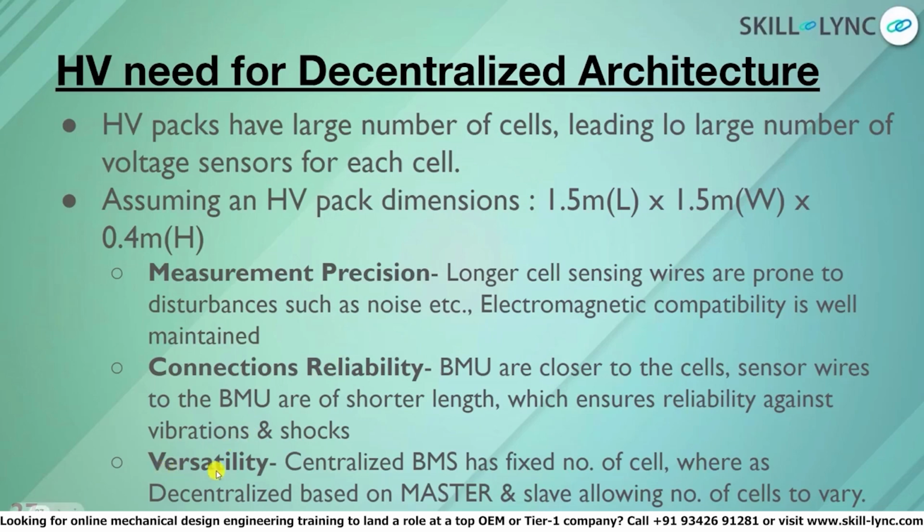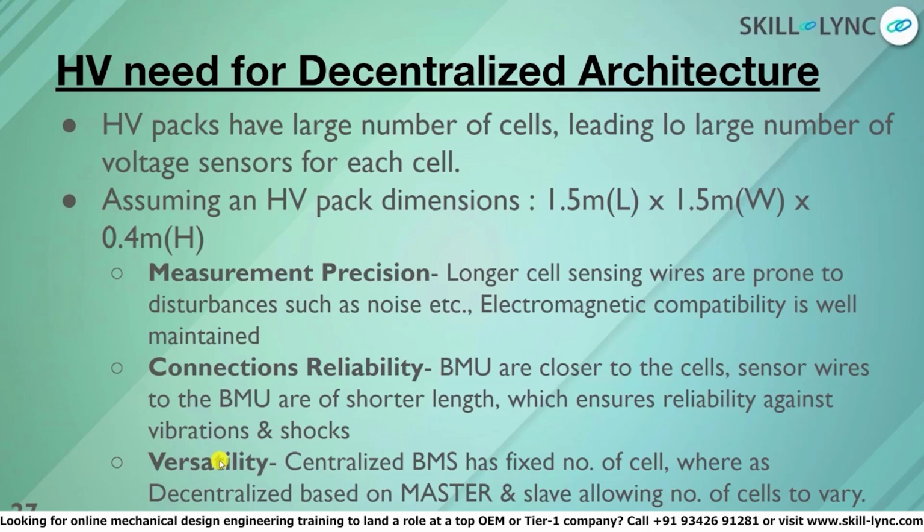When we talk about versatility, a centralized BMS can handle only a fixed number of cells, like 20, 30, or not more than that. When it comes to decentralized, you can choose a master BMS which can handle 5 to 10 BMUs, and each BMU can handle 50 to 60 cells. Usually that is the product available in the market.